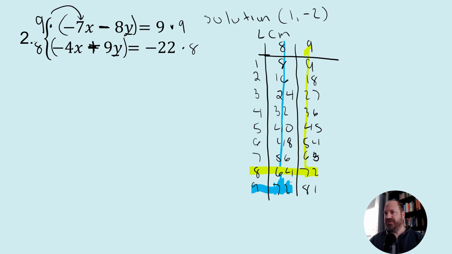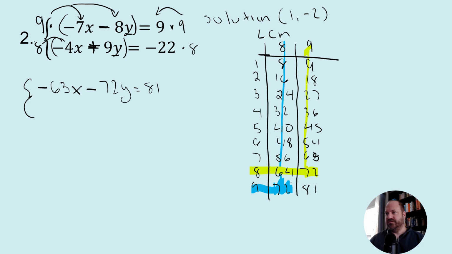So let's distribute the 9. When I distribute the 9, we're going to get negative 63x minus 72y equals 81.